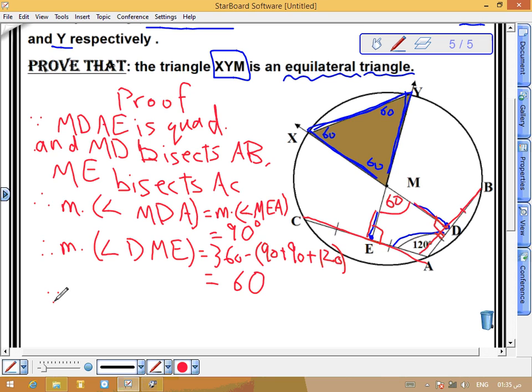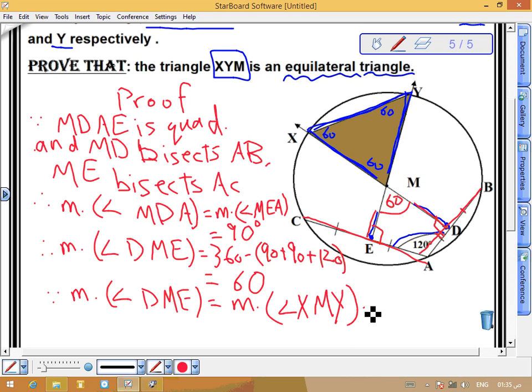Since measure angle DME will be equal to measure angle XMY equals 60 degree, because it will be vertically opposite angle with it. As here we get that the measure of angle equals 60 degree.